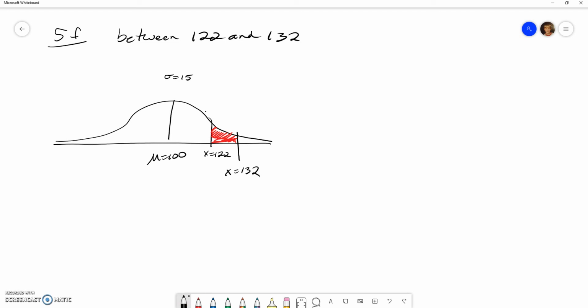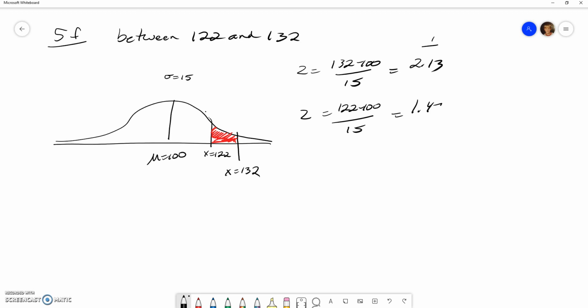There's two x values, so basically we have two z values. 132 minus 100 divided by 15 gives us a z value of 2.13. And a z value, this is step 1, z value for 122 gives us a z value 1.47.